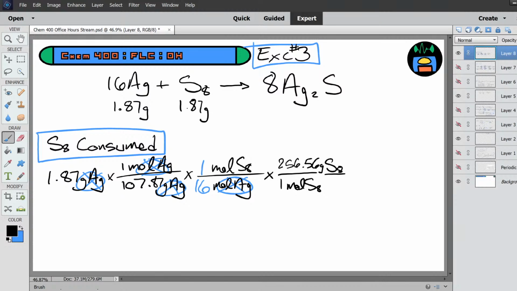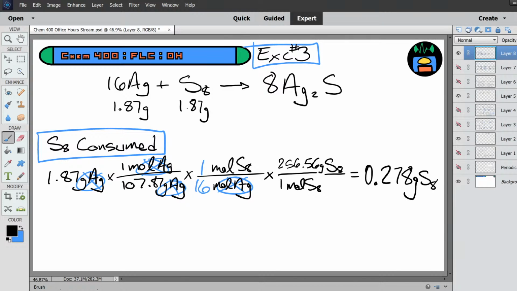1.87 divided by 107.87 divided by 16 times 256.56. All right, this comes out to be point, let's see, 0.278 grams.